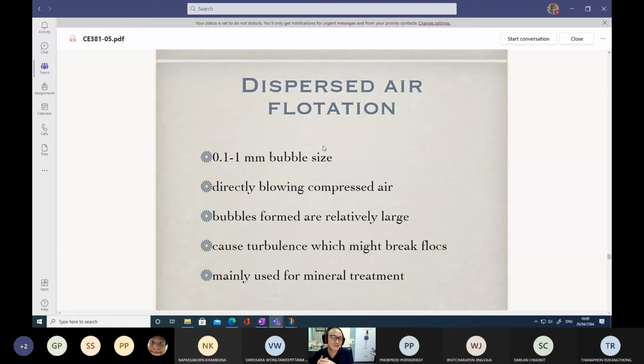When it gets bigger, it may not be very efficient at bringing suspended solids from the bottom to the top. But anyway, this is a concept we can use, and some particular industries also use dispersed air flotation, especially the pulp and paper industry.